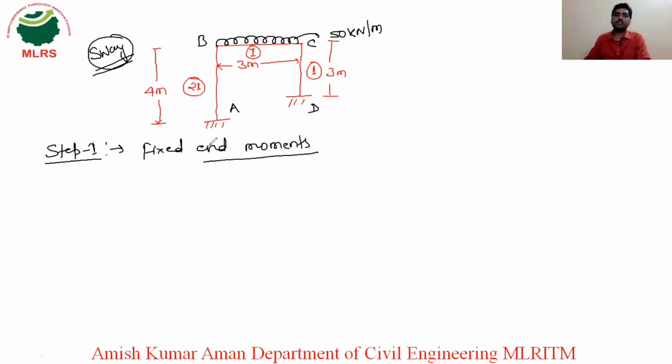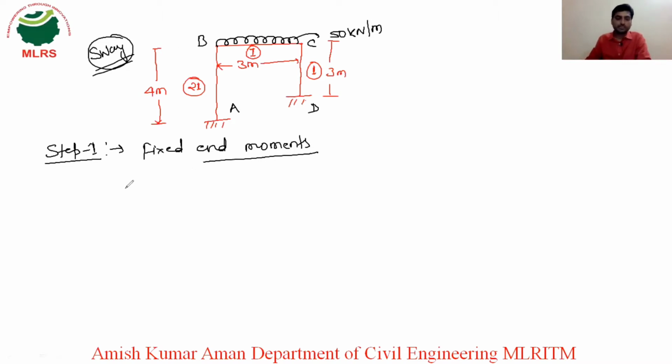We are calculating fixed end moments only due to this loading condition. We don't take the sway forces, because if there were a force here, let's say 20 kilonewton, then what would you do? Would you consider it in fixed end moments? No, it is acting at the joint, so you will not consider it. But in this question it is not given, so no need.